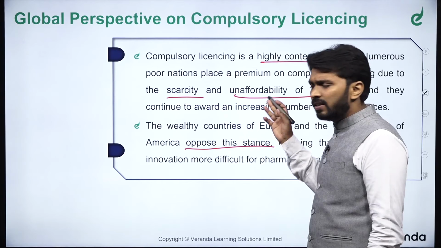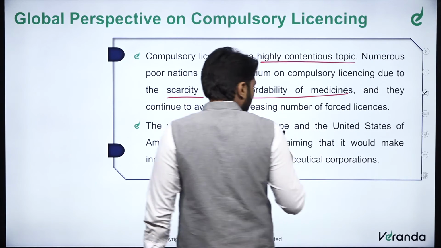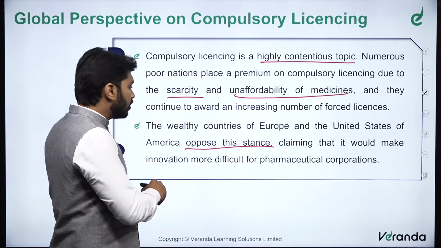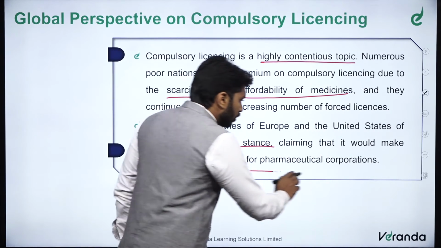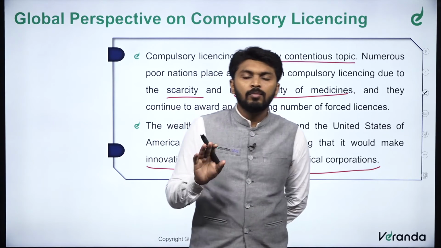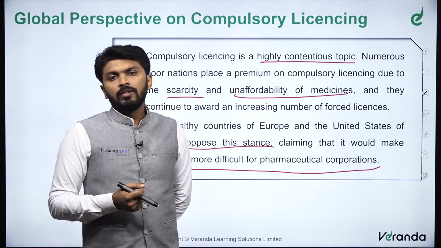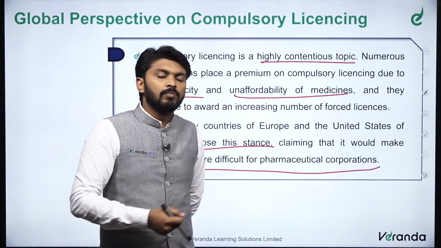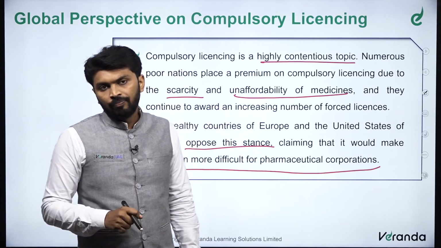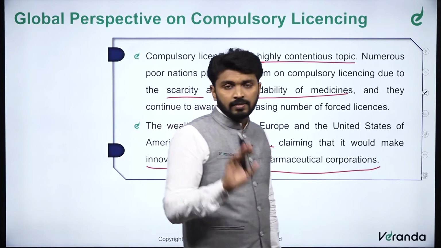So these Western countries, including the United States of America, oppose this stance, claiming that it would make innovation more difficult for the pharmaceutical corporations. So all they think about is the welfare and well-being of pharmaceutical corporations. What is at stake here? The public's health is at stake here. But this is their stance.